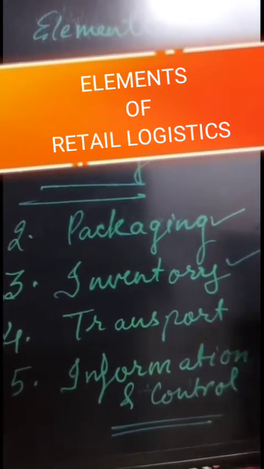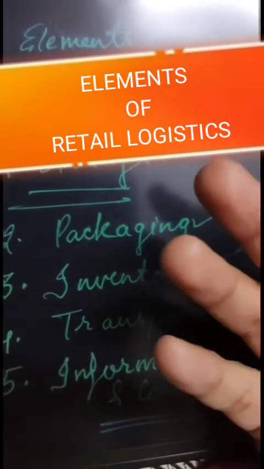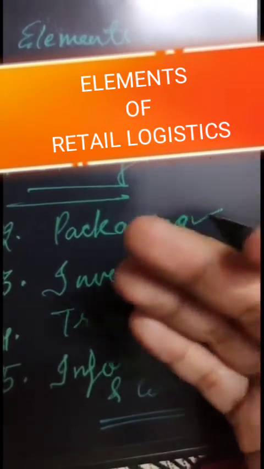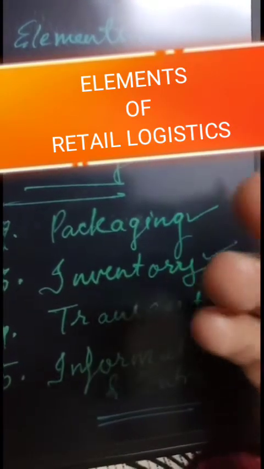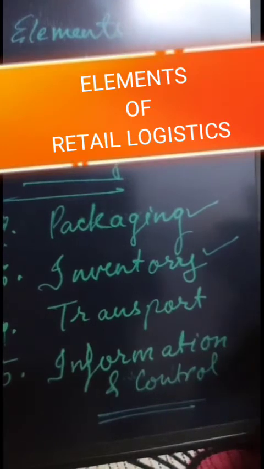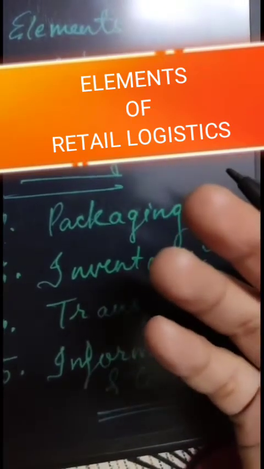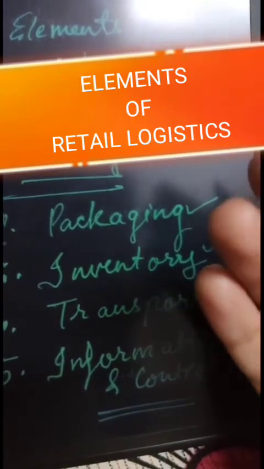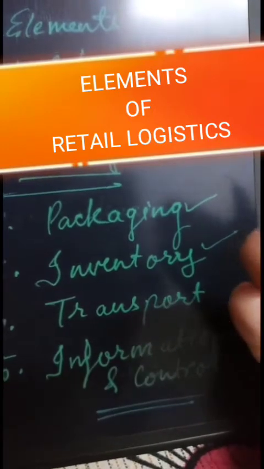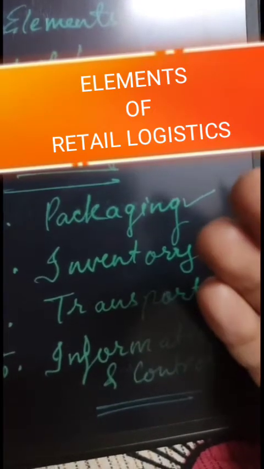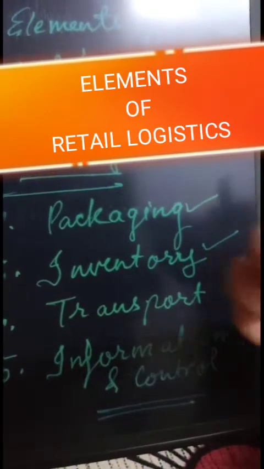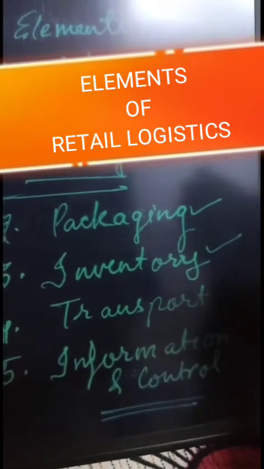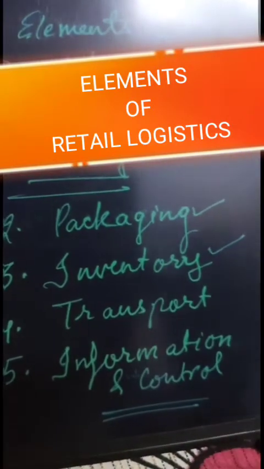Inventory is a logistics element that is closely related to storage and warehousing. It is concerned with what stock to hold, where the stock is located, and how much stock to hold. In effect, inventory is controlling the flows of goods moving into and out of a warehouse.